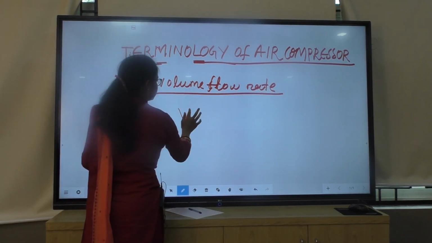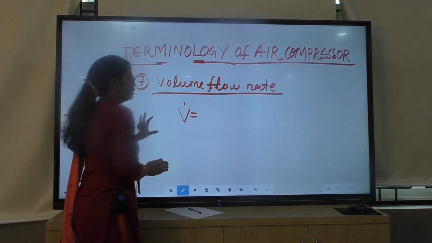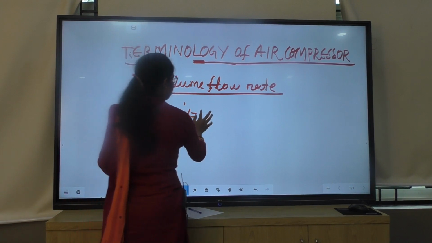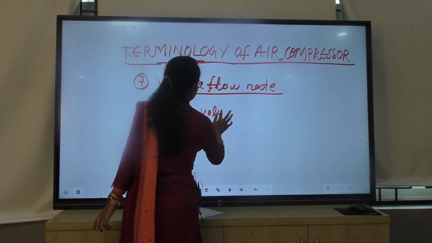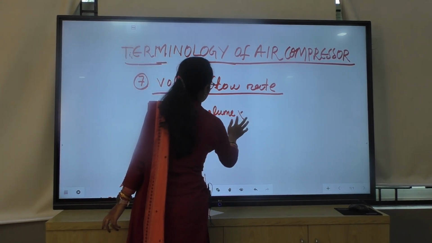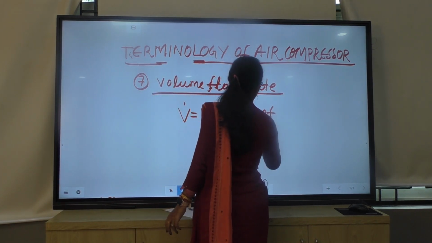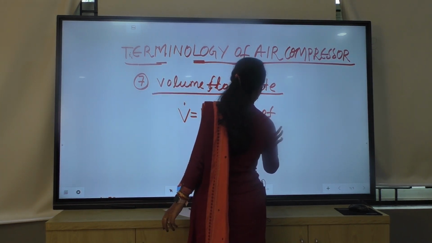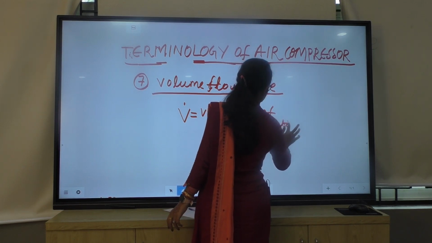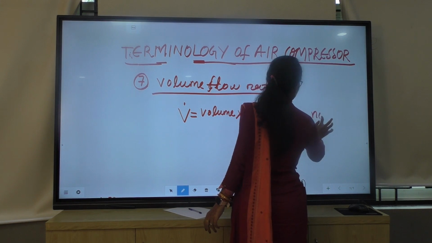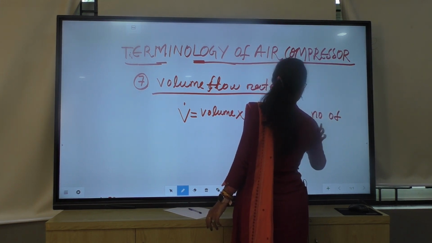Volume flow rate means that is V dot. And what is the formula for this volume flow rate? That is particular volume into number of revolutions into number of inductions.